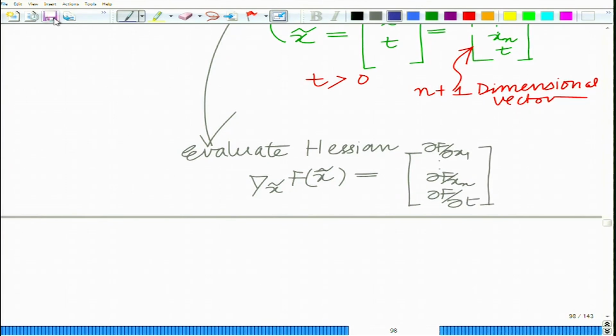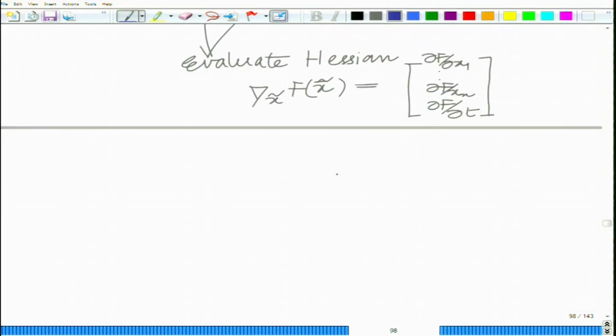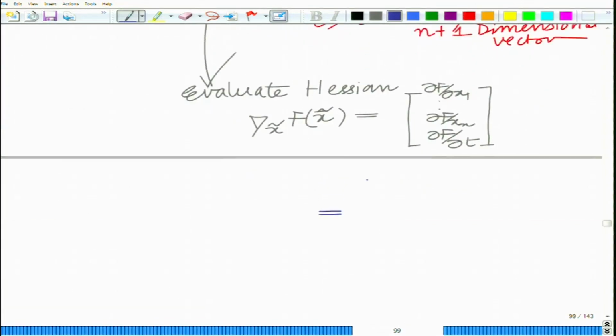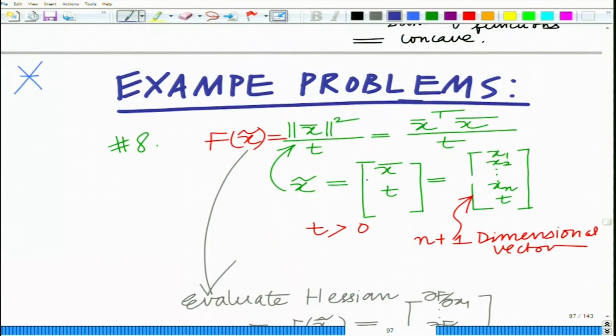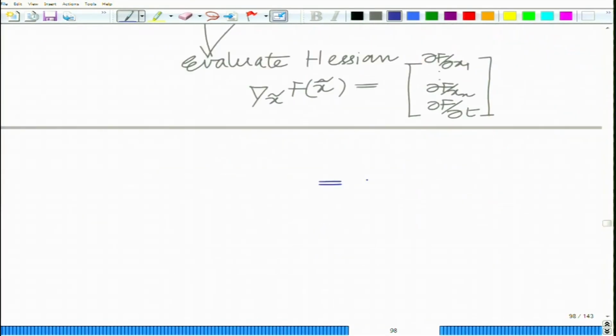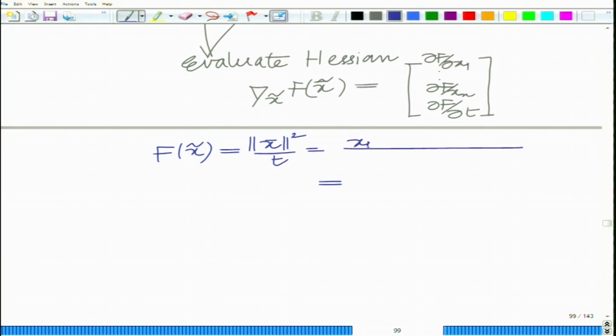If you look at this, you can simplify x bar transpose x bar. So, f of x tilde is norm x bar square by t, which is also x1 square plus x2 square plus up to xn square divided by t.